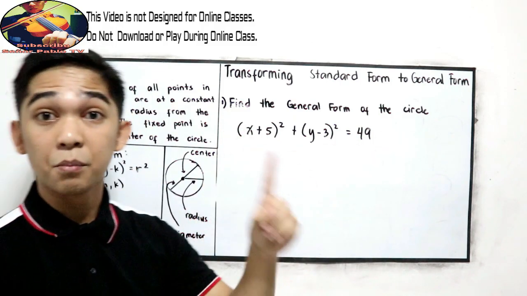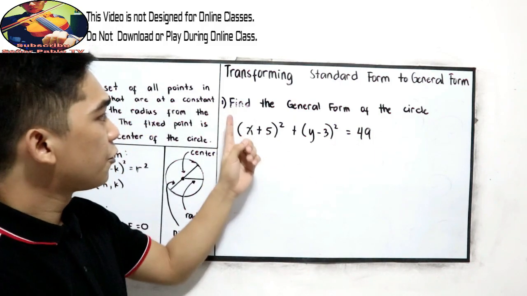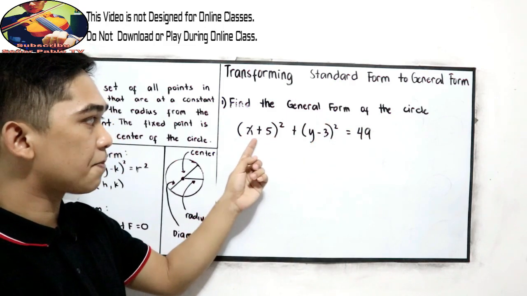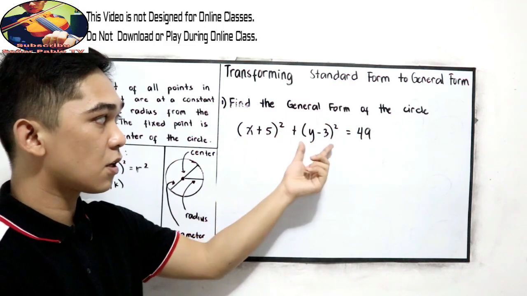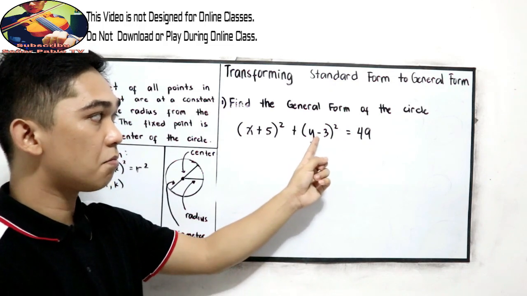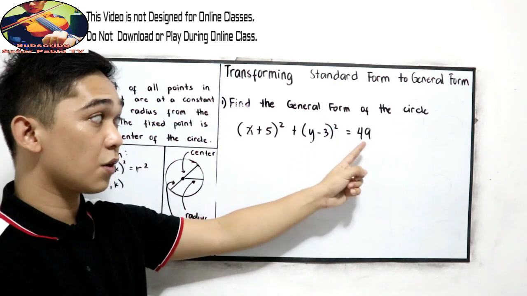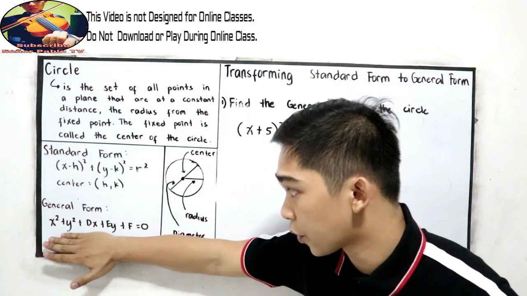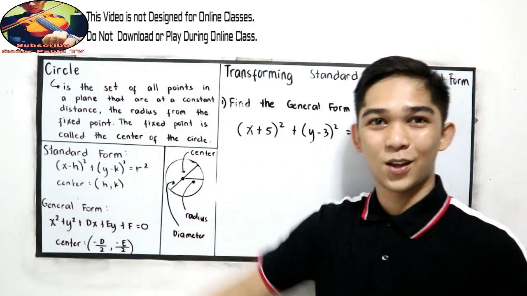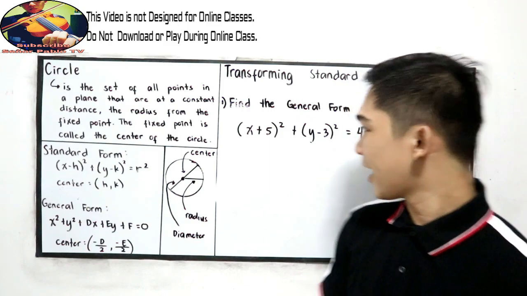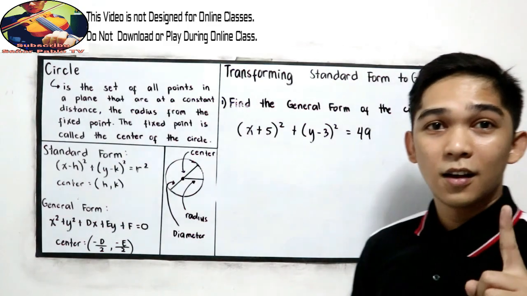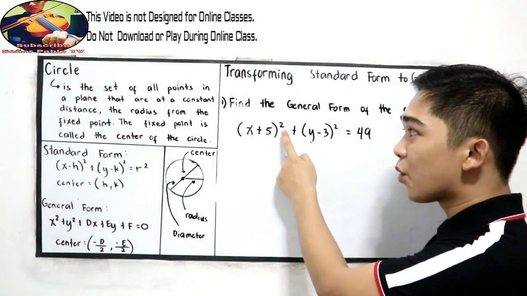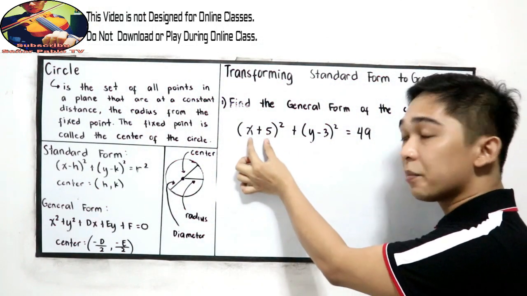Let's have problem number 1. Find the general form of the circle, quantity x plus 5 raised to 2 plus quantity y minus 3 raised to 2 is equal to 49. We're going to transform into this form. Okay, let's start. Our first step, we need to expand our square of a binomial.